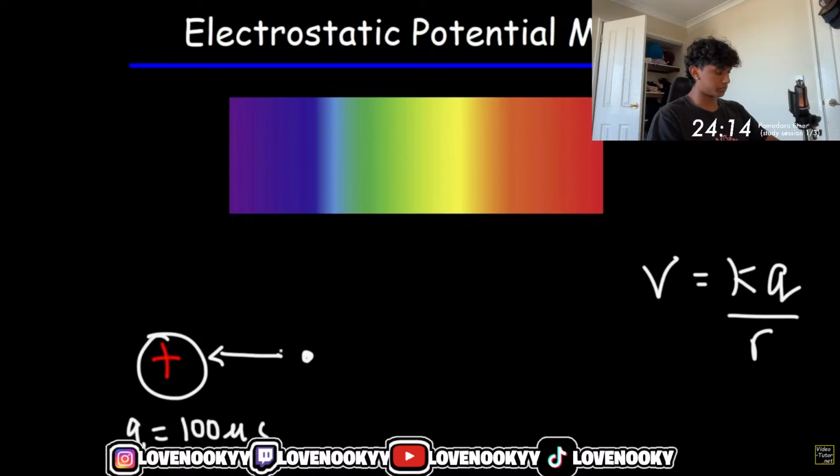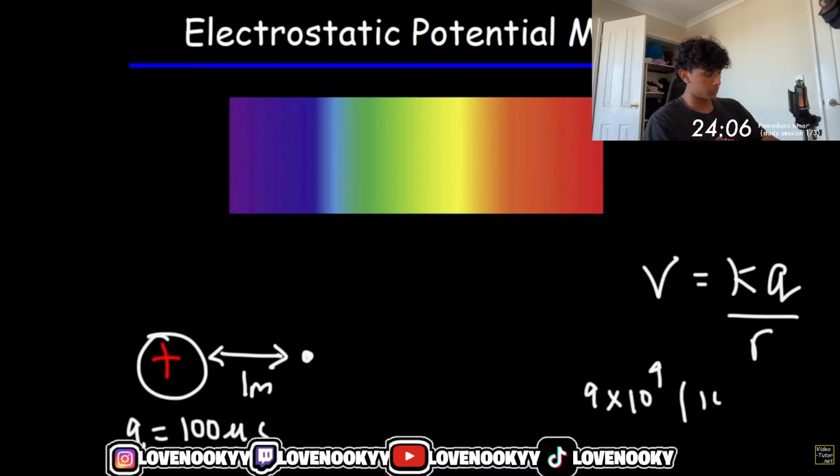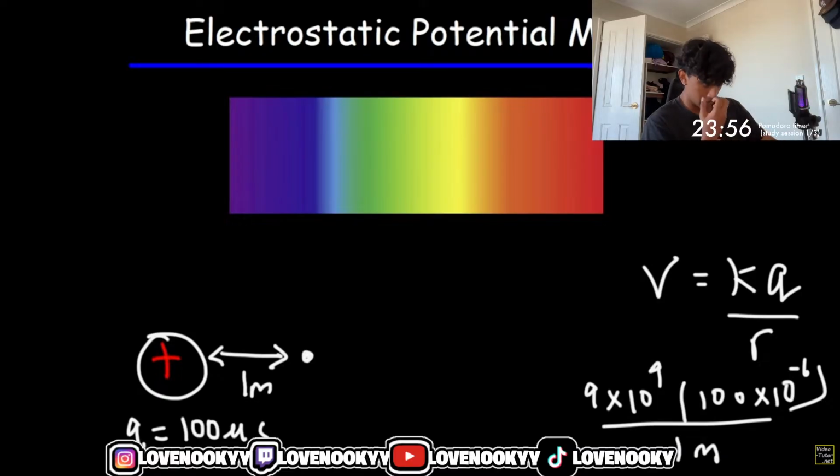It's going to create an electric potential, and we can plug it in this formula. K is 9 times 10 to the 9. Q is 100 times 10 to the minus 6. And at a distance of 1 meter, this charge will create an electric potential of 900 volts.